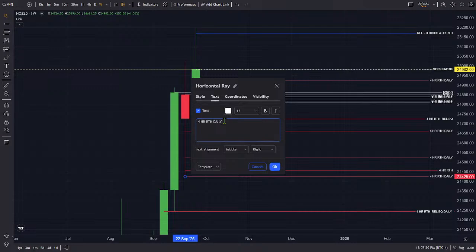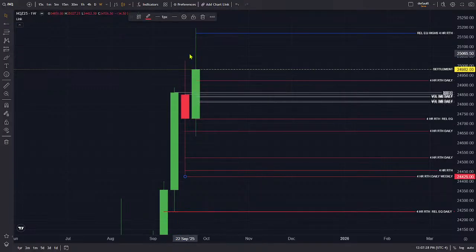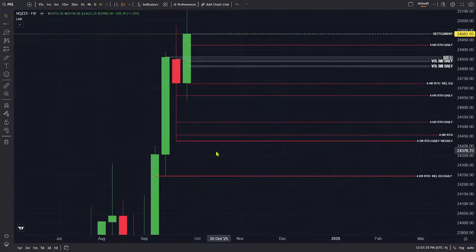There it went. Daily and weekly. That makes it mucho importante, so we'll make it a little bit bigger. And then we have this one down here that's also relative equal lows and a daily and a weekly. And if I'm not mistaken, it's the monthly low too. One of these is a monthly low.